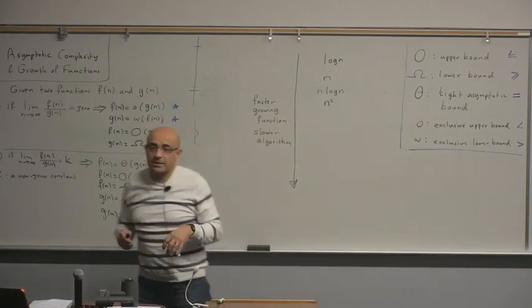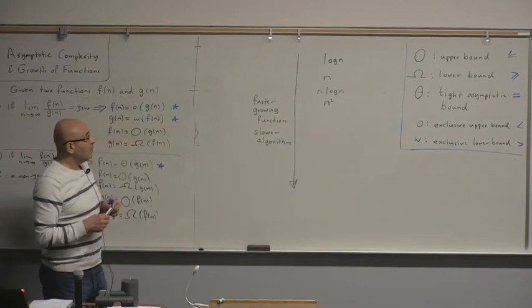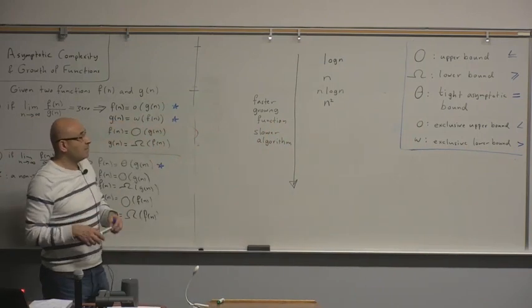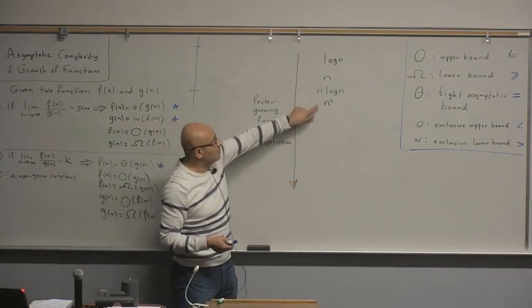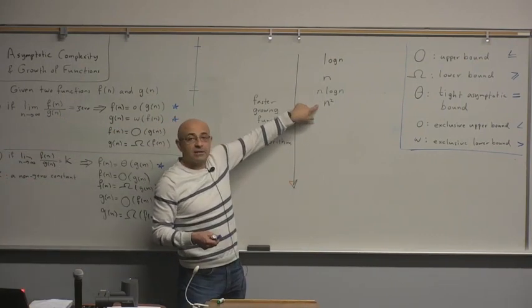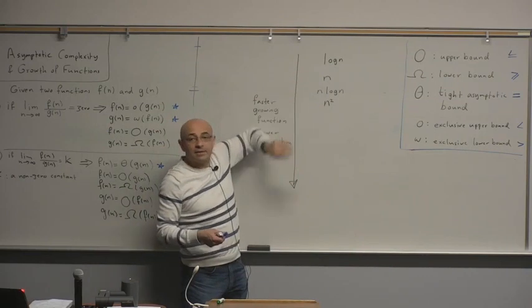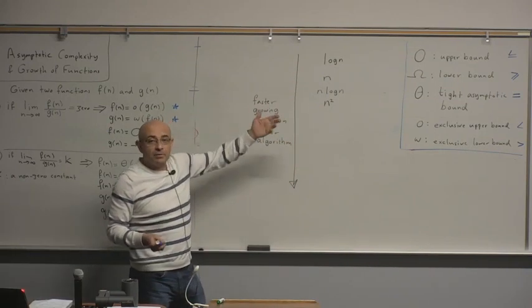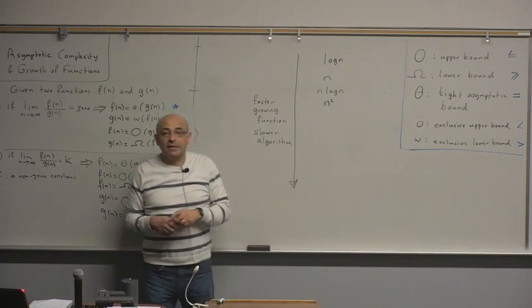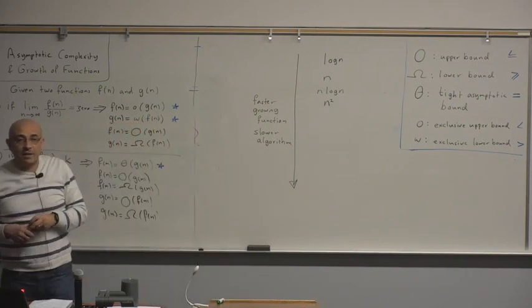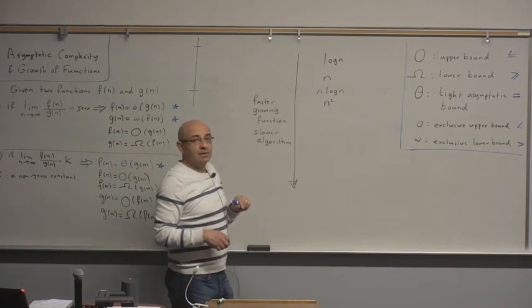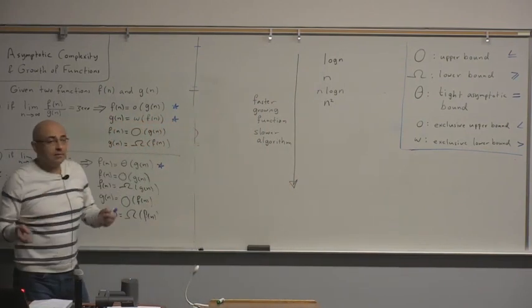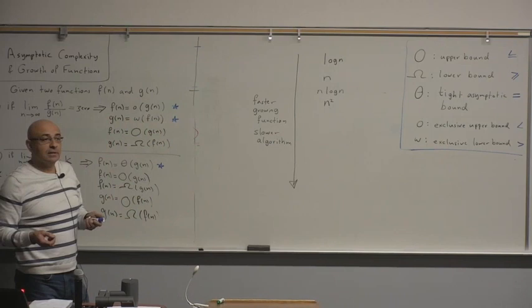So who can explain this logic? Why does a faster growing function give a slower algorithm? When we go in this direction, for example, n squared is a faster growing function than n, but an algorithm with a running time of n squared is slower than an algorithm with a running time of n. So who can explain this? Yeah.